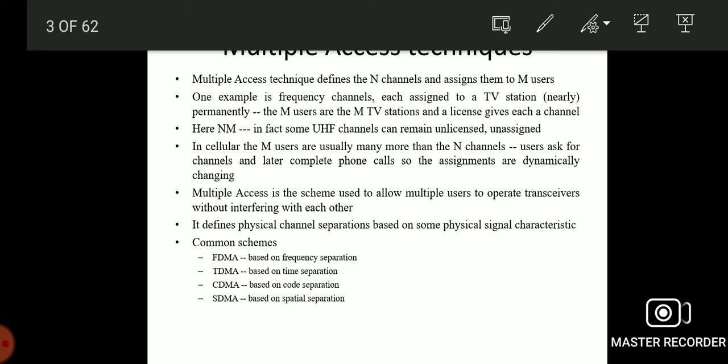In FDMA, channels can handle one phone circuit at a time. So the complexity is less and the bandwidth is narrow, and if voice channels are assigned in frequency division multiple access, the mobile unit and base station start transmitting and receiving simultaneously.